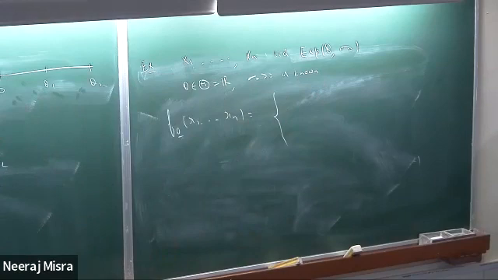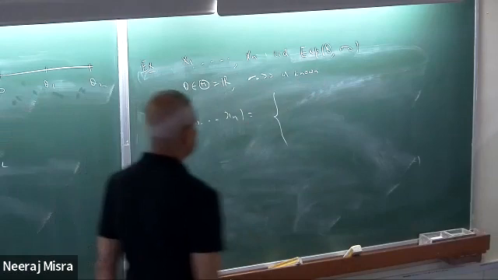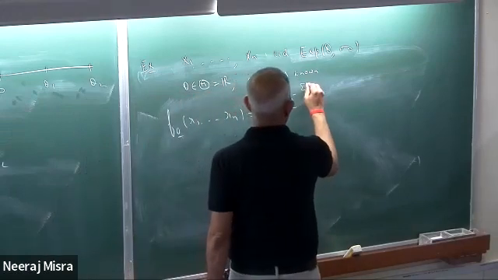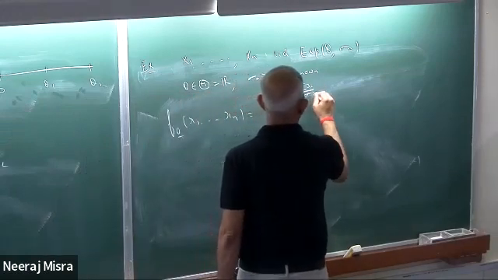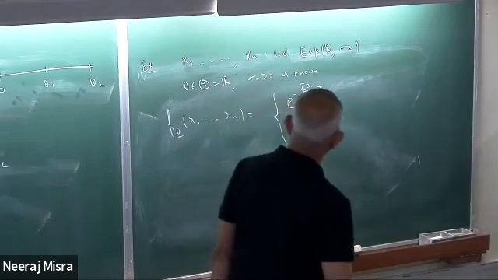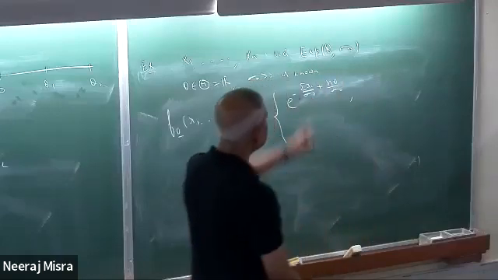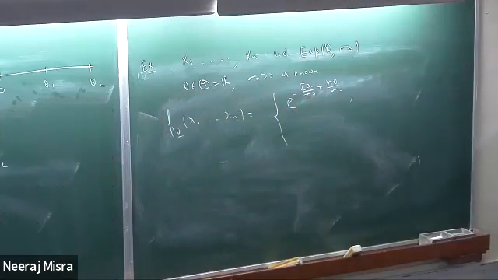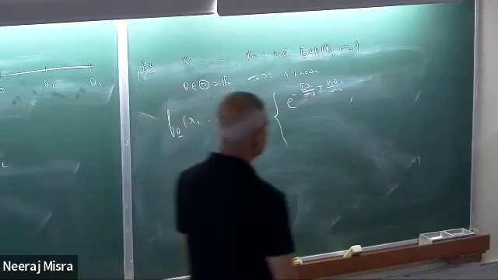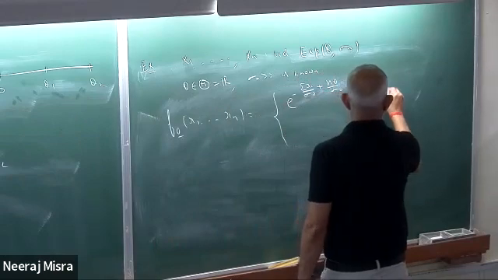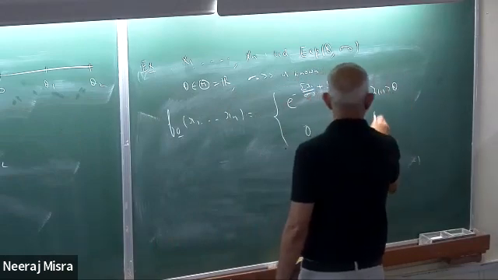It would be e to power minus summation xi minus theta by sigma naught, so e to power minus summation xi by sigma naught plus n theta by sigma naught, if each xi is bigger than theta, that means the minimum is bigger than theta, and 0 otherwise.